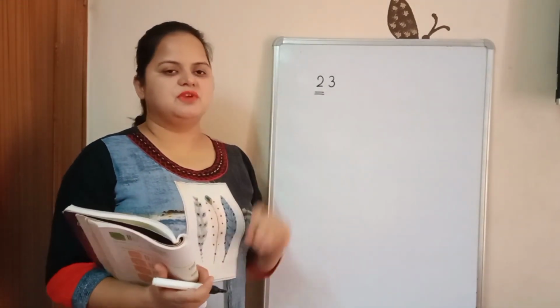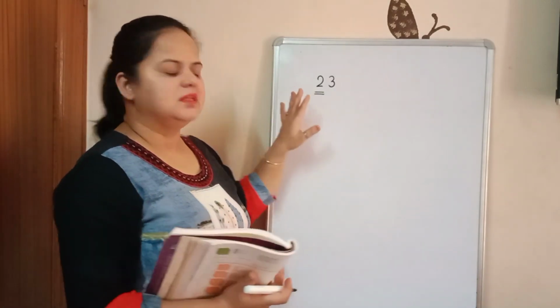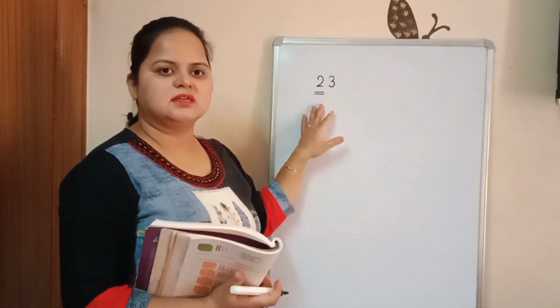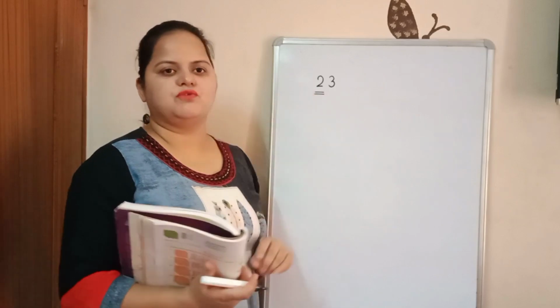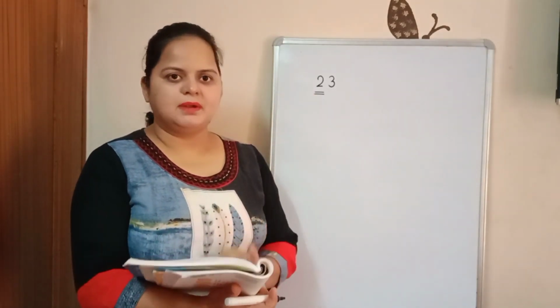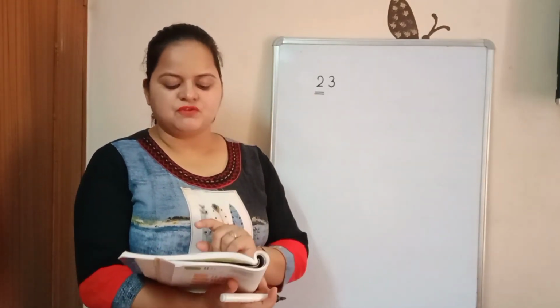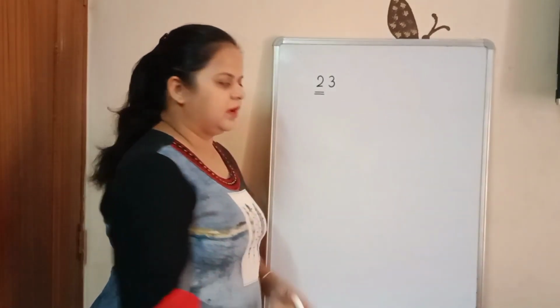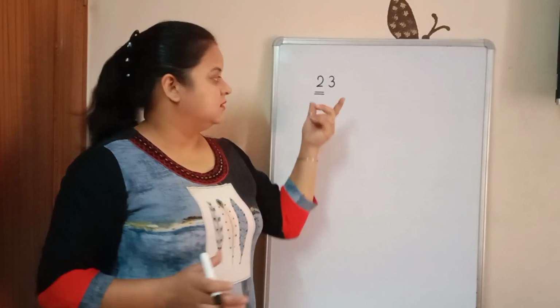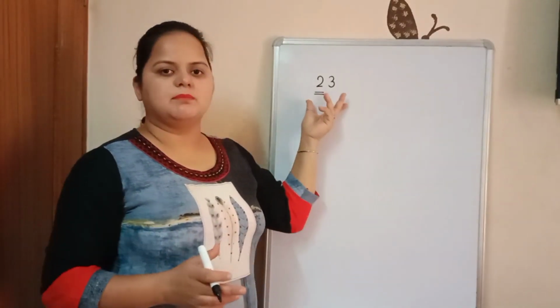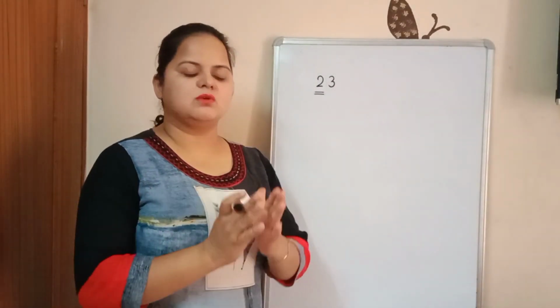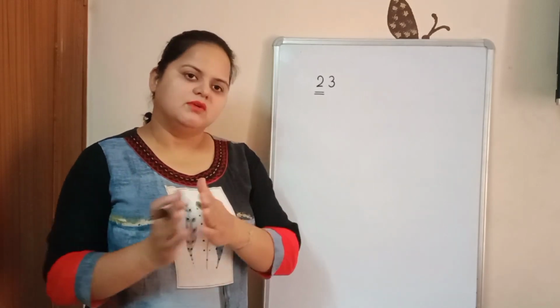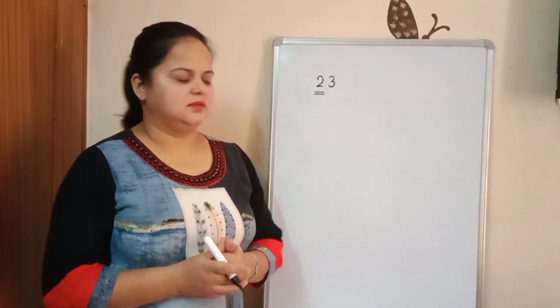Number ही face value है जो हमें सामने दिख रहा है. That is the number and that is the face value of the number also. And place value signifies the value of place of a digit. Place value digit का नंबर में क्या प्लेस है, वो किस प्लेस पर लिखा है, वो हमें बताता है.